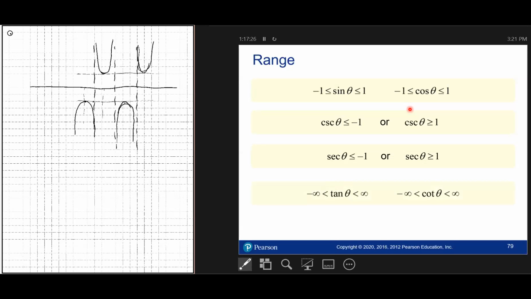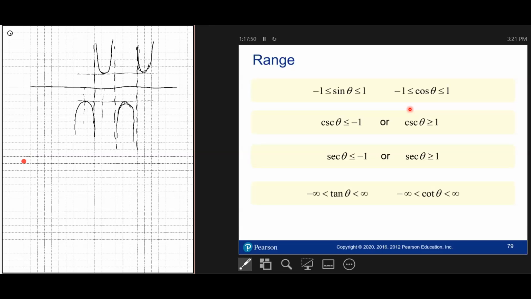And for tangent and cotangent, it covers all the y values. Even though there are certain x values you can't use, you will cover all the y values again and again, because it's periodic, it's cyclical.